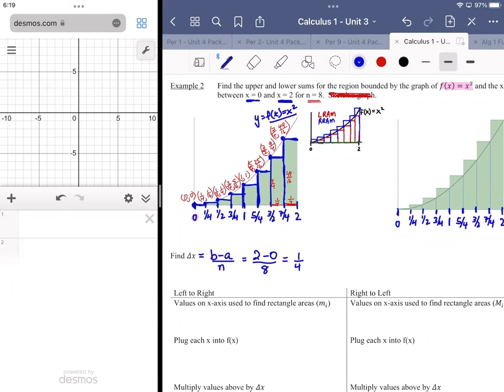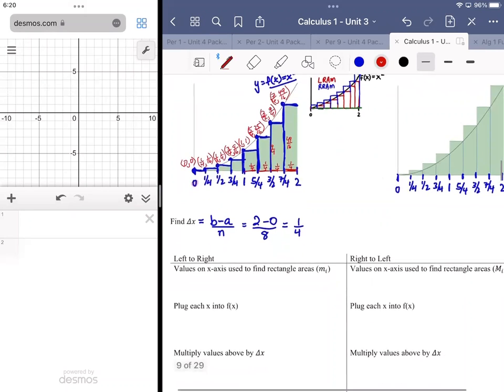So that's why I have this table progression, because it's supposed to show you that if we could come up with a rule that would help us determine the x values, then plug those x values into the function and multiply them by delta x, because delta x is that horizontal distance. Each one of these horizontal distances is the delta x. That's where this step in the process comes from.